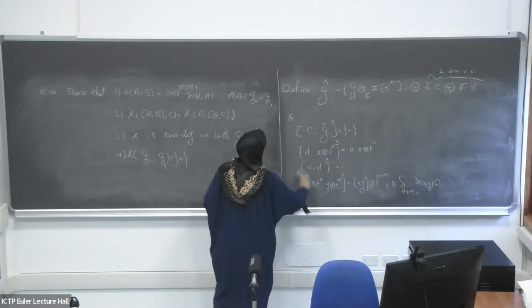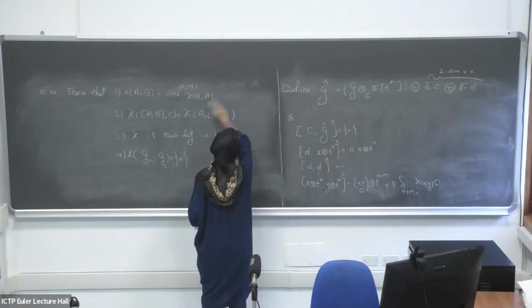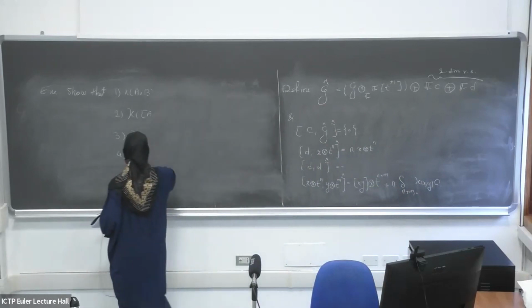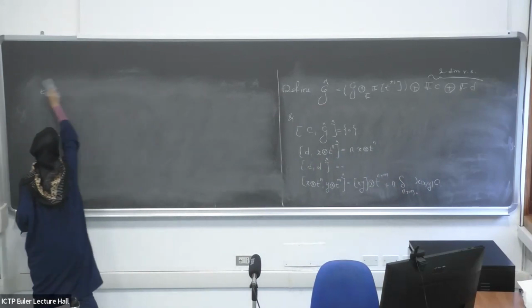Then G hat together with this Lie bracket is a Lie superalgebra.